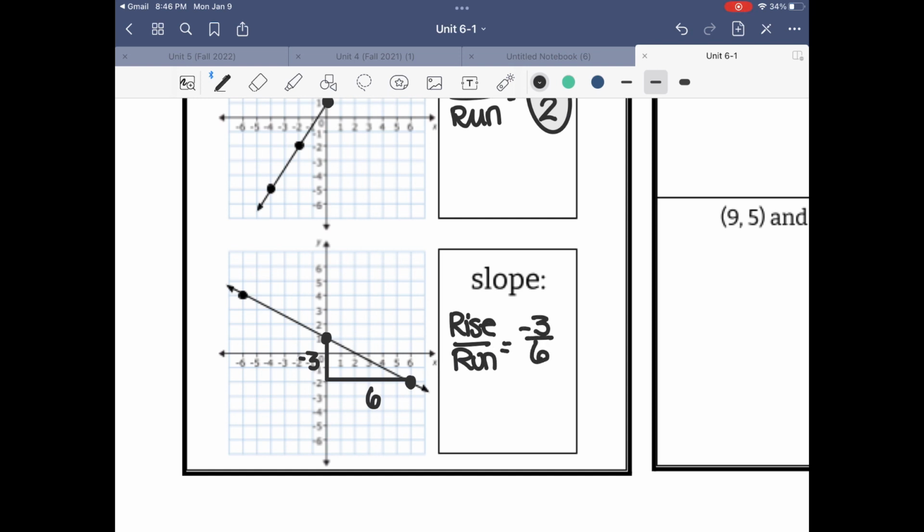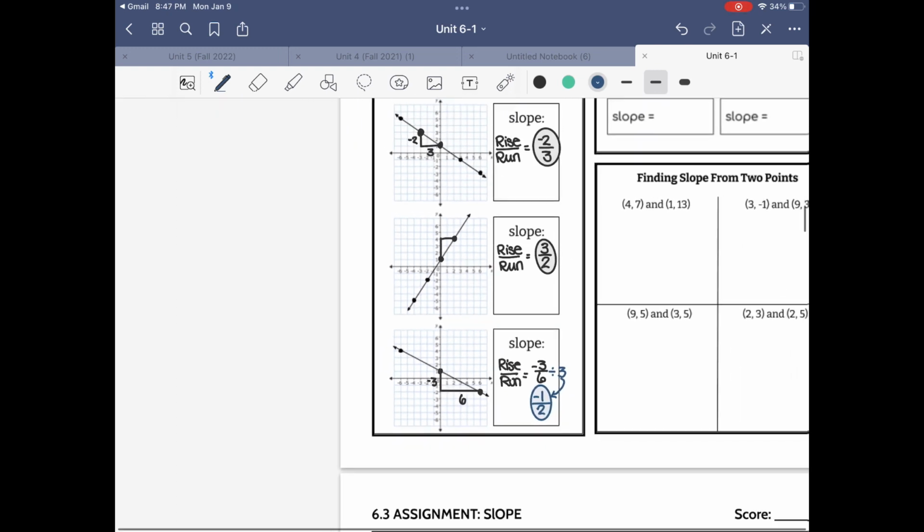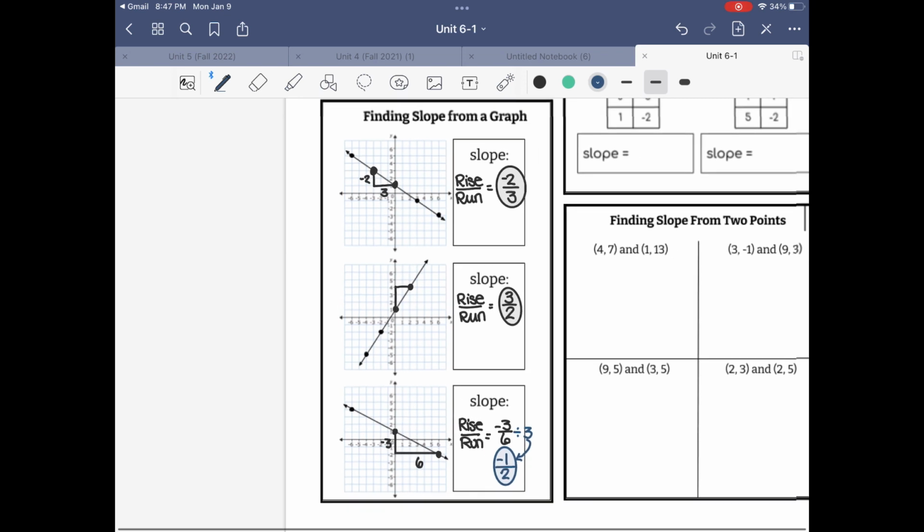Can I simplify this? Yes, I can divide by 3. Negative 3 divided by 3 is negative 1, and 6 divided by 3 is 2. Now, I'm going to pull up all three of them. Go ahead and make sure you have all three before you move on to the tables.